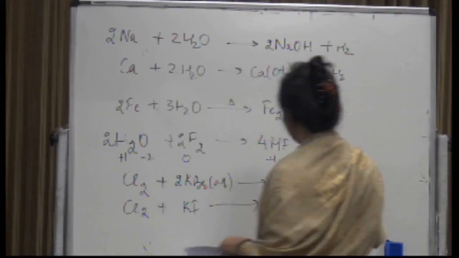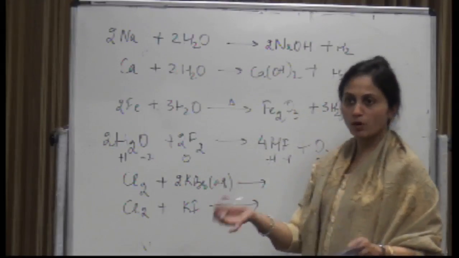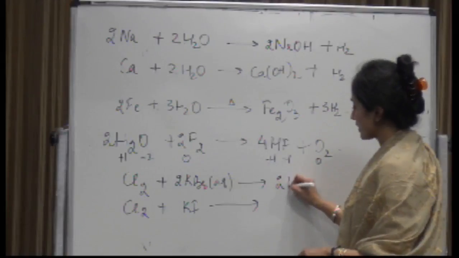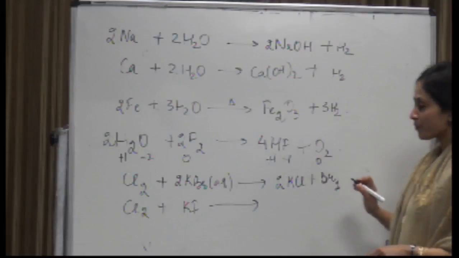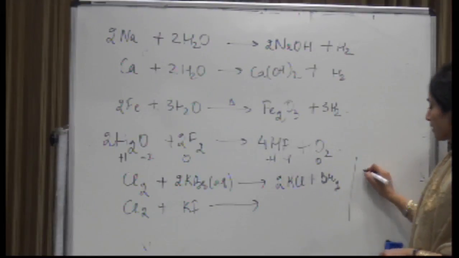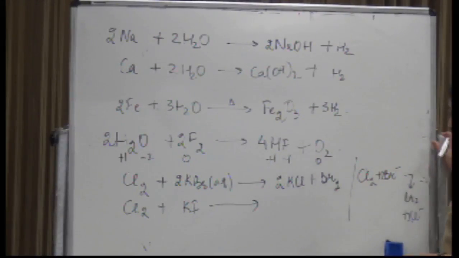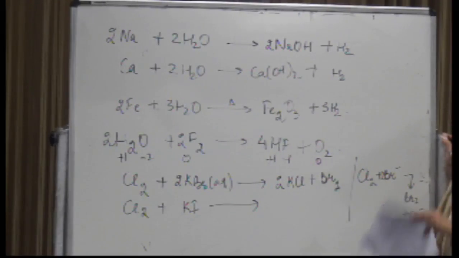And remember that these reactions, like if I talk about this reaction, Cl2 plus 2 KBr, it is a very elementary concept that you can write this as 2 KCl plus Br2, and this reaction can also be represented as Cl2 plus Br minus giving you Br2 plus Cl minus. Now balance it out. So remember that for such reactions the charge always needs to be balanced.